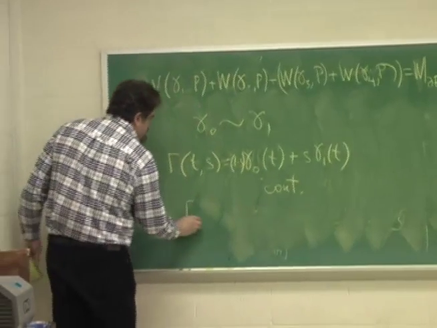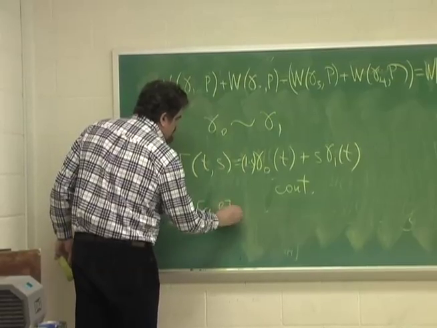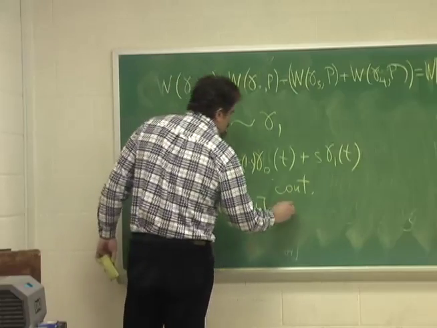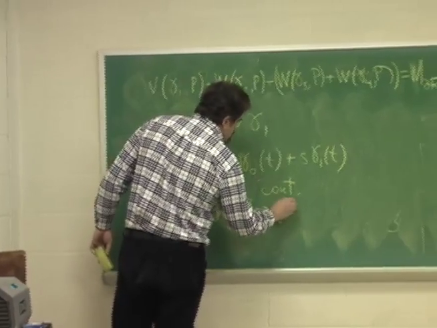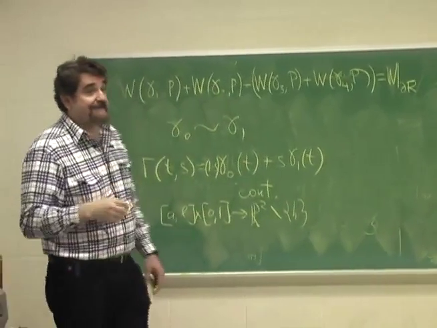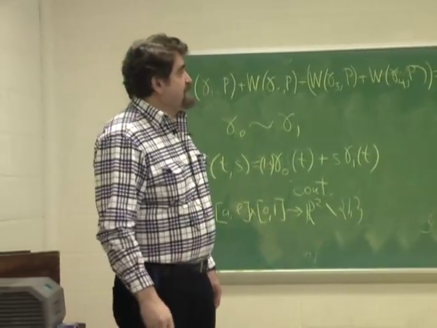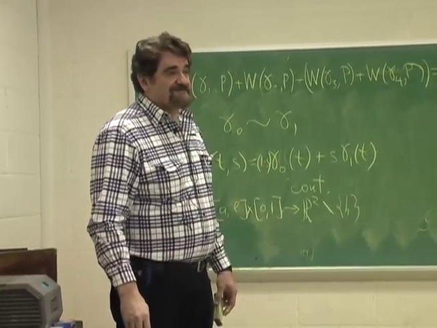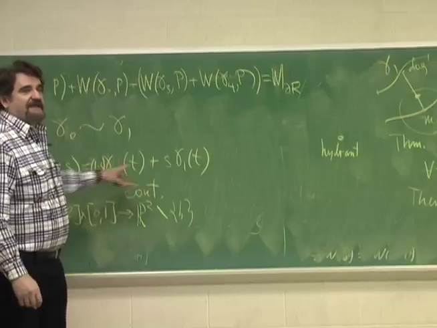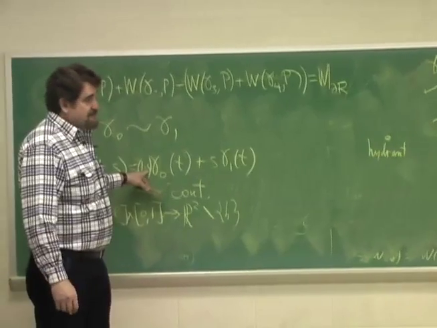and it maps AB times 0, 1 into R2 minus hydrant. Why minus hydrant? This is exactly the condition. All these points are never at H. This is the condition.